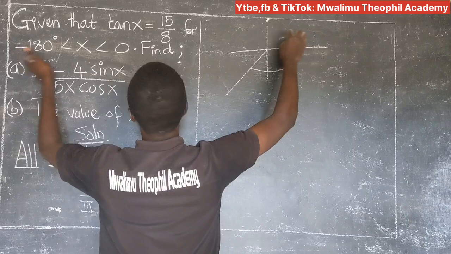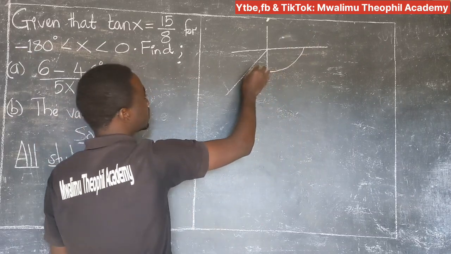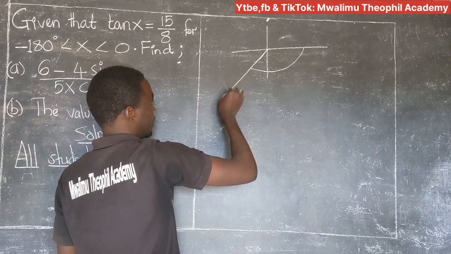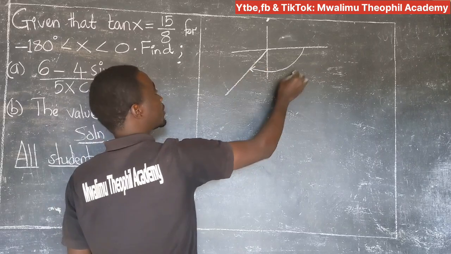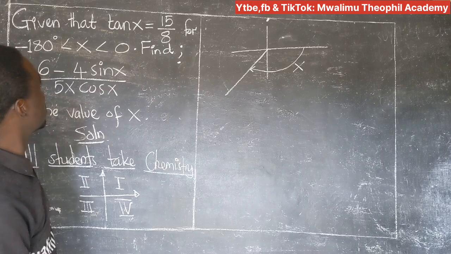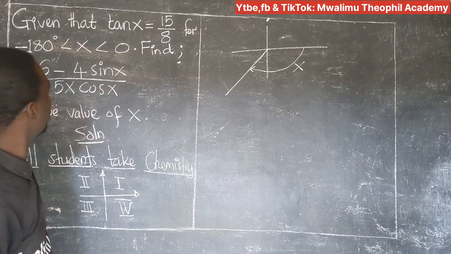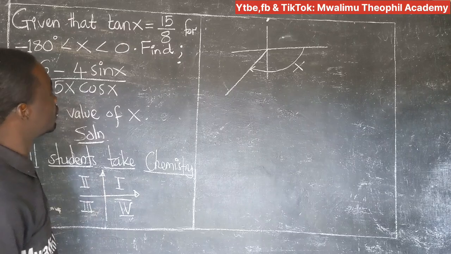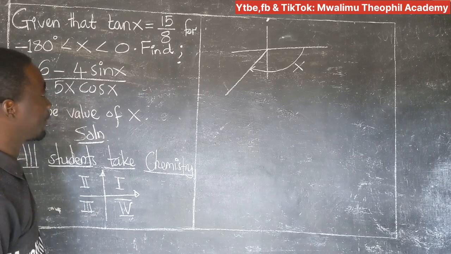Now it will be out of the given range. So the only quadrant which is possible is the third quadrant. In the third quadrant, it is where we can find our angle x that will give the value of tangent being positive and the angle ranging between 0 and negative 180.